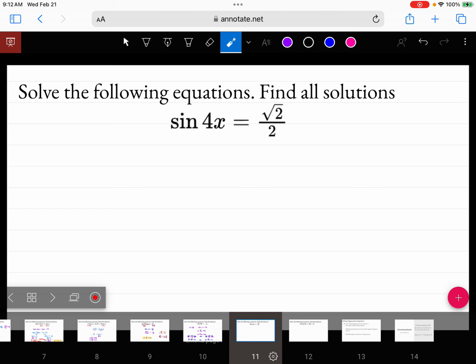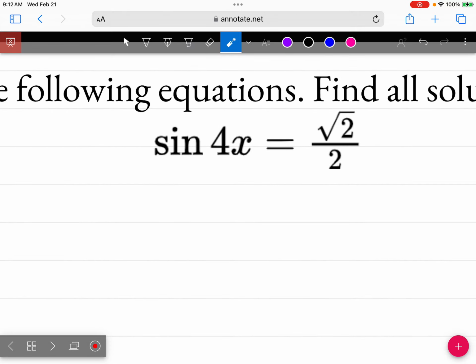Okay, here's our next one. We have sine of 4x equals square root of 2 over 2. So right off the bat, I look at this and I go, ew, I don't want to do 4x. So give me something we can substitute in for the 4x. What do you want to use?